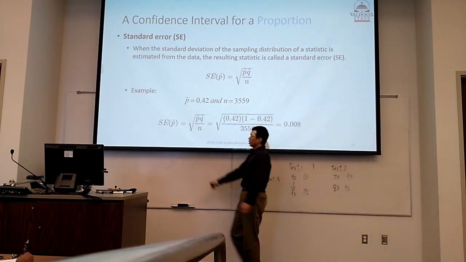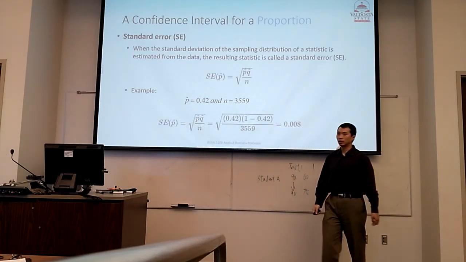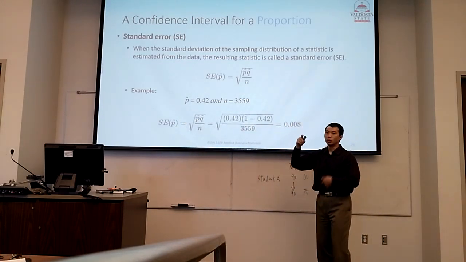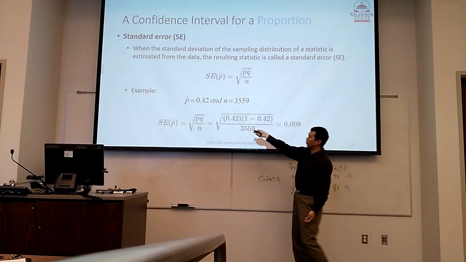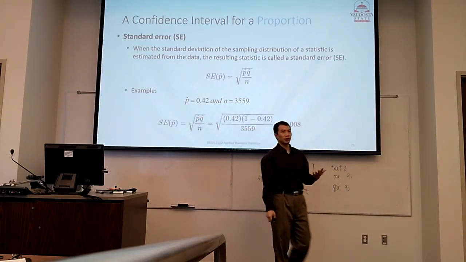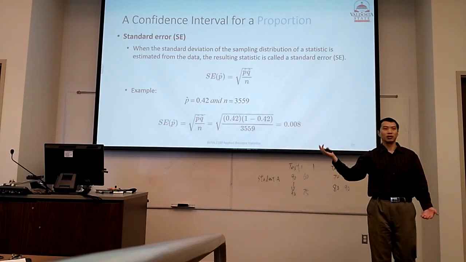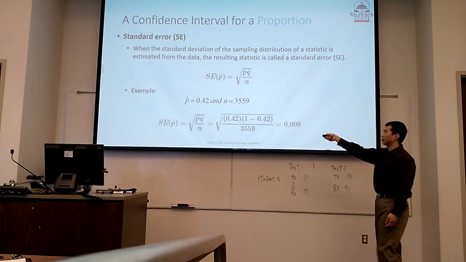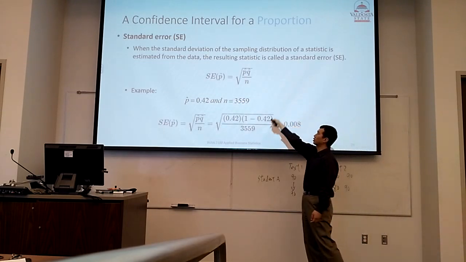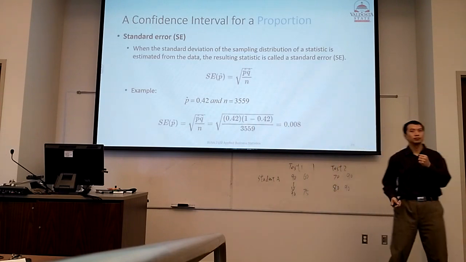So how do we do this calculation? Here's one example. Assuming we have a sample and we did our calculation and find that the sample proportion is 0.42, and we have 3559 samples. That's our sample size. If we plug the numbers in, we will have the standard error.